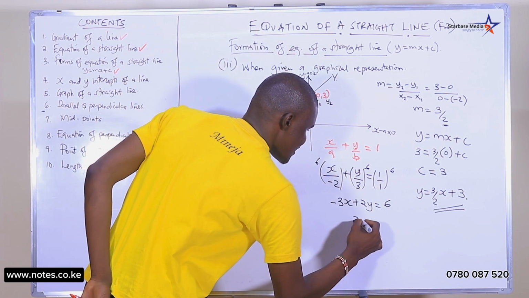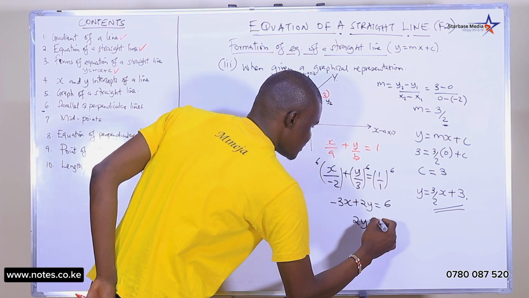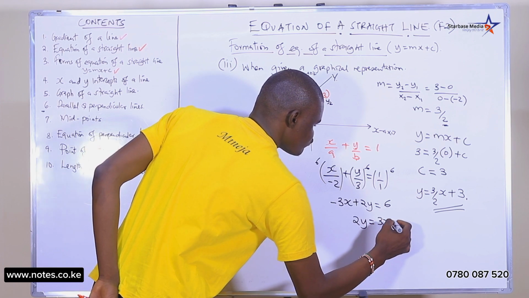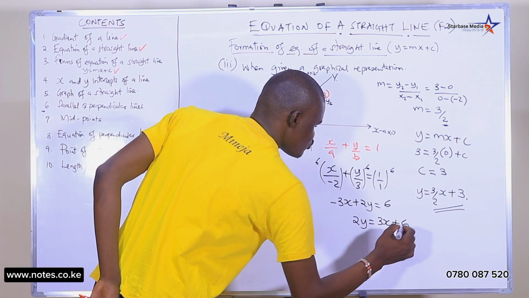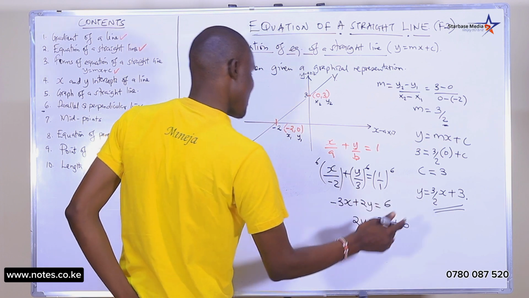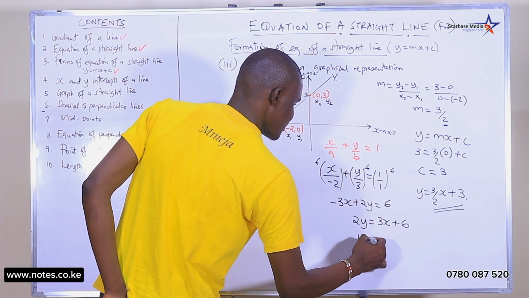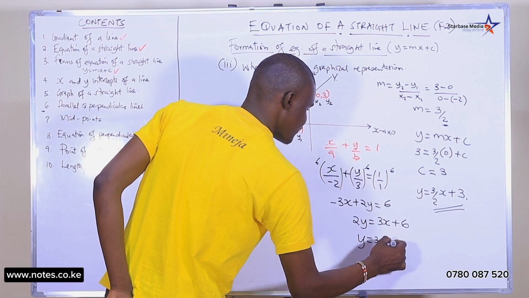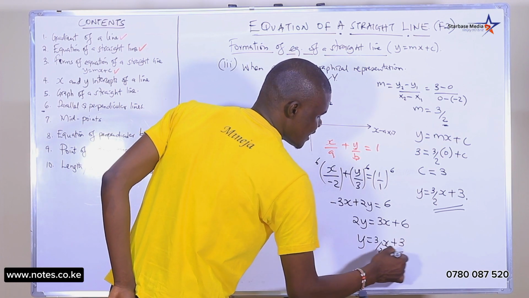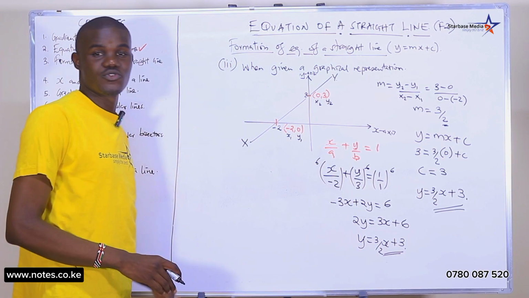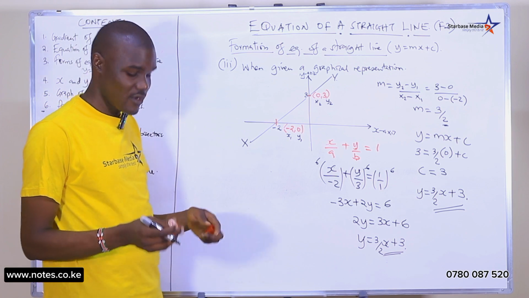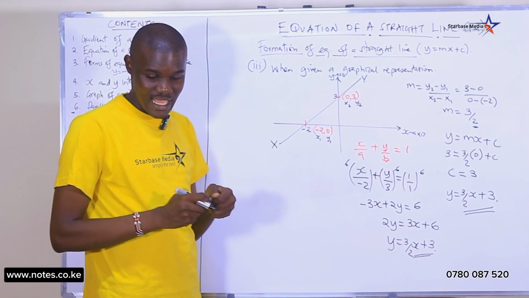So we have 2y equal to 3x plus 6. So y can be 3 over 2x plus 3. Anyhow, you choose the formula that gives you the right answer in the shortest time possible.